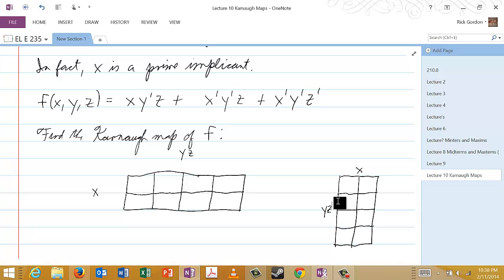The reason that I like the method that I'm going to show you a little bit better is that we have a tendency, I think, to read from left to right first and then from top to bottom. And it seems to me that when you do the Karnaugh map in this fashion, there's more of a tendency to read from top to bottom and then from left to right. This is certainly debatable, and it certainly makes no difference.